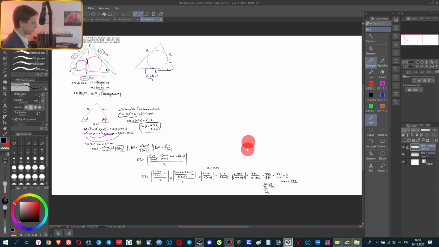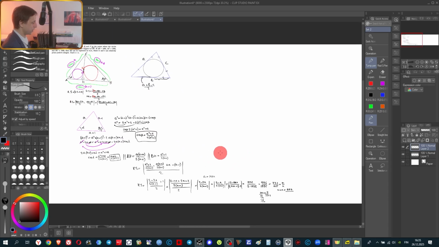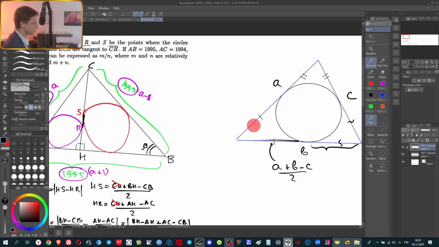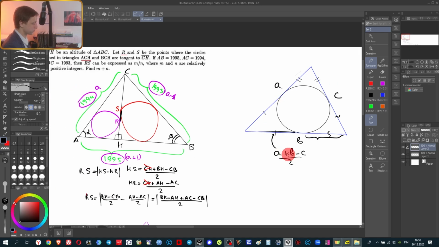So that's the complete solution. It's very important for this problem at first to know the distance from the vertex to the point of tangency. This formula is super essential. And to use the right approach here, introduce variables and keep it super simple, just subtract one segment from another.